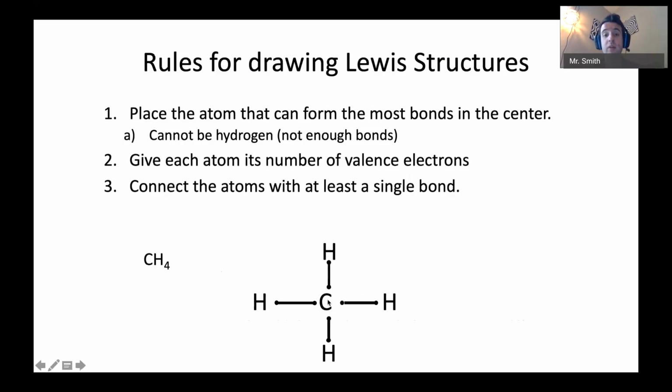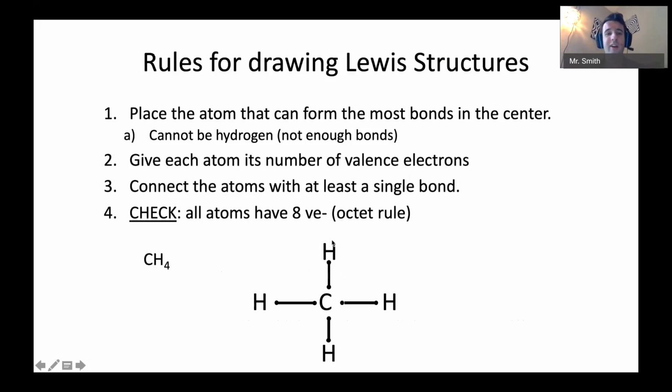Carbon wants 8 to be stable, hydrogen wants 2 to be stable. And then the last step here is kind of what we just did. We check to make sure that all atoms have 8 valence electrons, except hydrogen, right? Hydrogen only needs 2. But yeah, that's how you draw a Lewis dot structure.